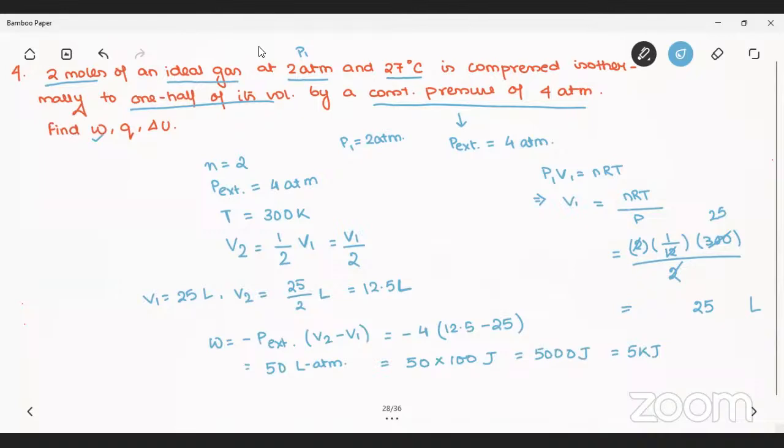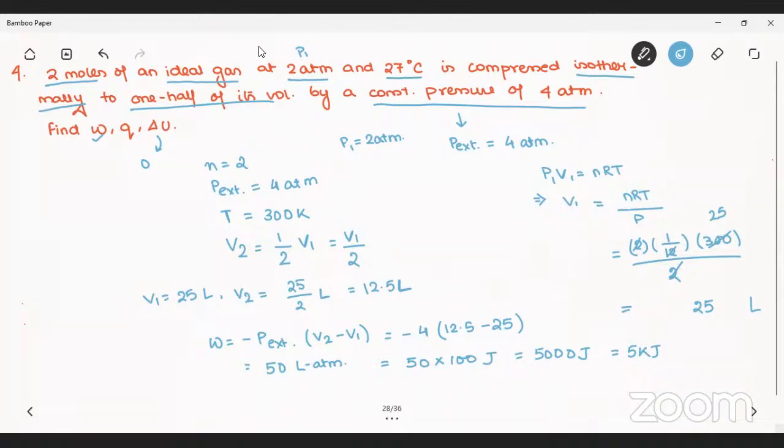So we have calculated this. And what is Q and delta U? See, delta U for an isothermal process is 0. I told you in the last class that all the state functions for isothermal processes are 0.